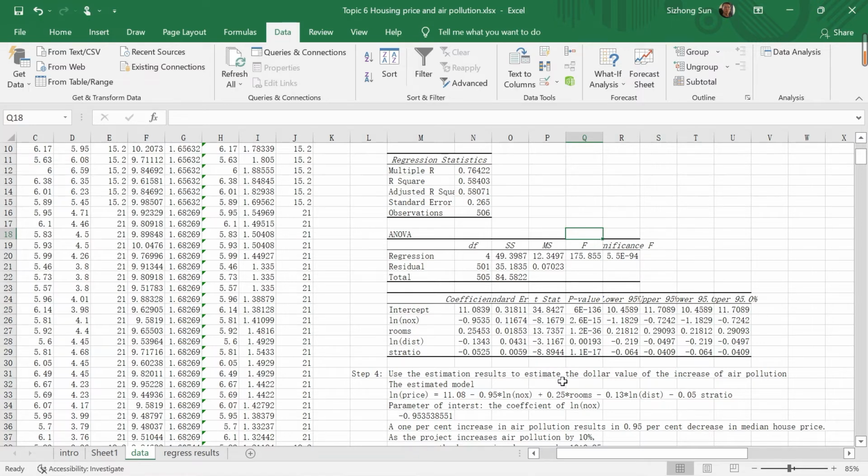We are interested in the coefficients here.